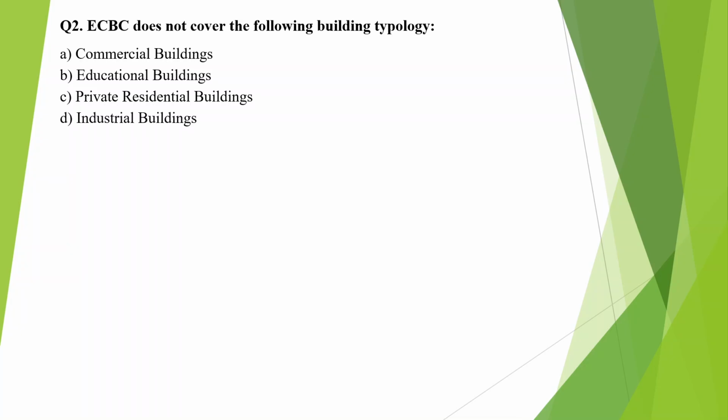The question is not asking which comes under, like the previous question which asked which comes under the Eco Niwas Samhita category. It is now asking which does not cover the following building typology. So based on that, after answering question number one and after this much discussion, you should know that ECBC does not cover private residential buildings. So option C is the correct answer for this question.